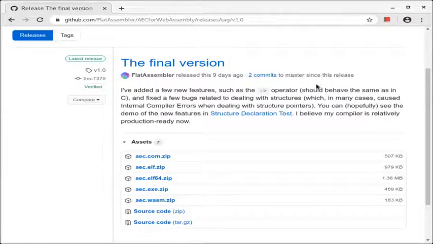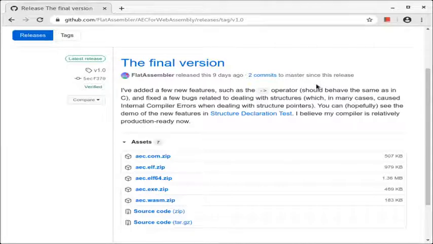My repository is called AECforWebAssembly in camel case. That means A, E, and C are capital letters, W is a capital letter, and A is a capital letter, and there are no underscores between them.